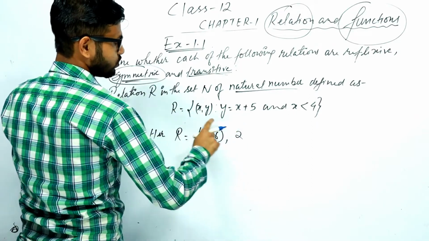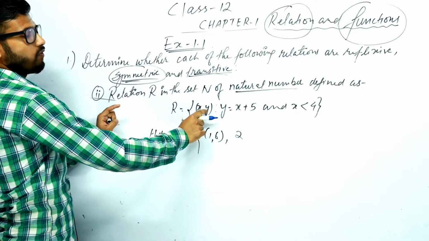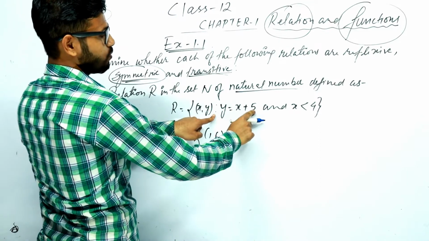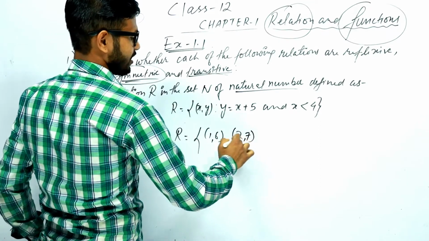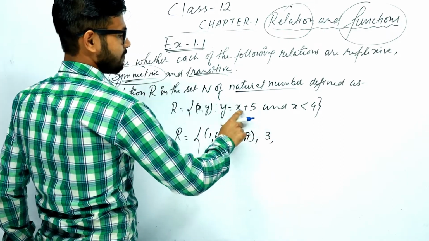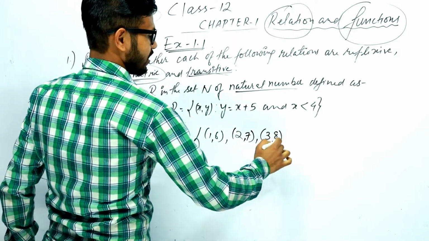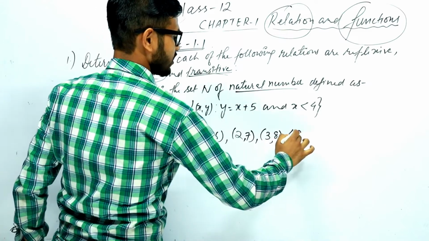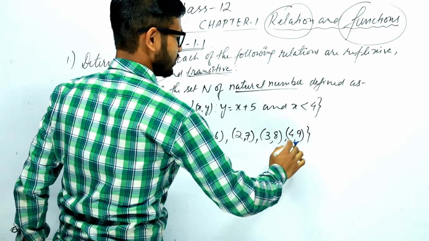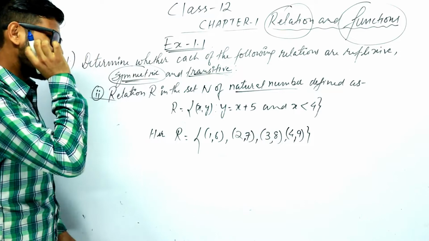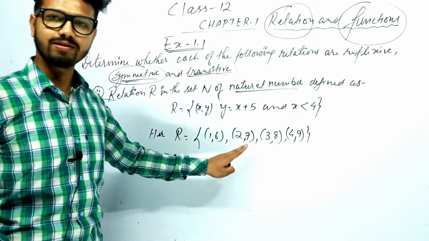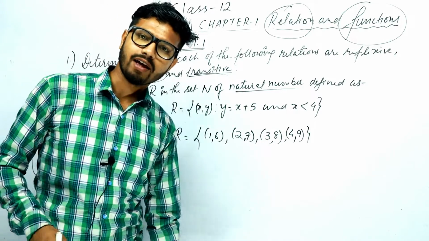If you put x as 2, y equals x plus 5, so 2 plus 5 is 7. If x is 3, 3 plus 5 is 8. If x is 4, then 4 plus 5 is 9. I hope it is clear. Therefore, the elements of the relation are as follows: 1, 6, 2, 7, 3, 8 and 4, 9.